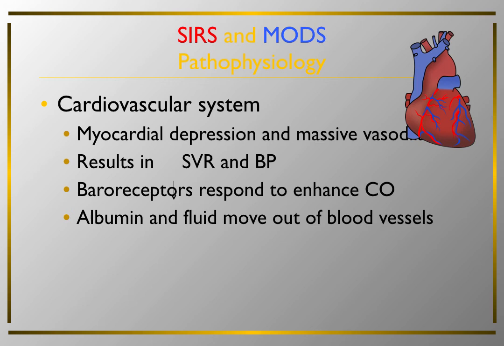Increases in capillary permeability cause a shift of albumin and fluid out of the vascular space where it should be, further reducing venous return and thus preload. Other signs include decreased capillary refill, skin mottling, increased CVP and PAWP, and also dysrhythmias. Remember, PAWP is pulmonary artery wedge pressure.